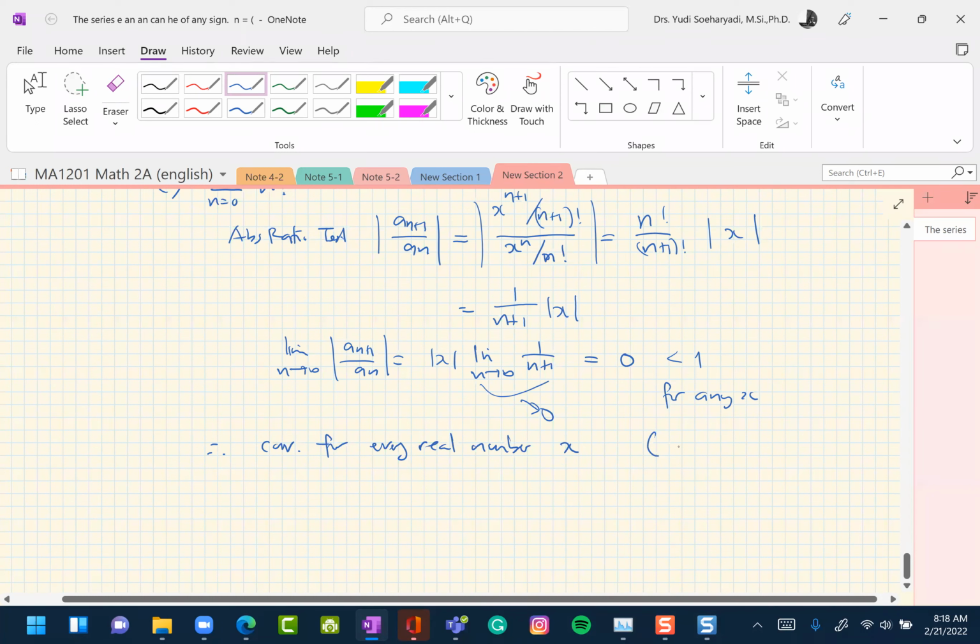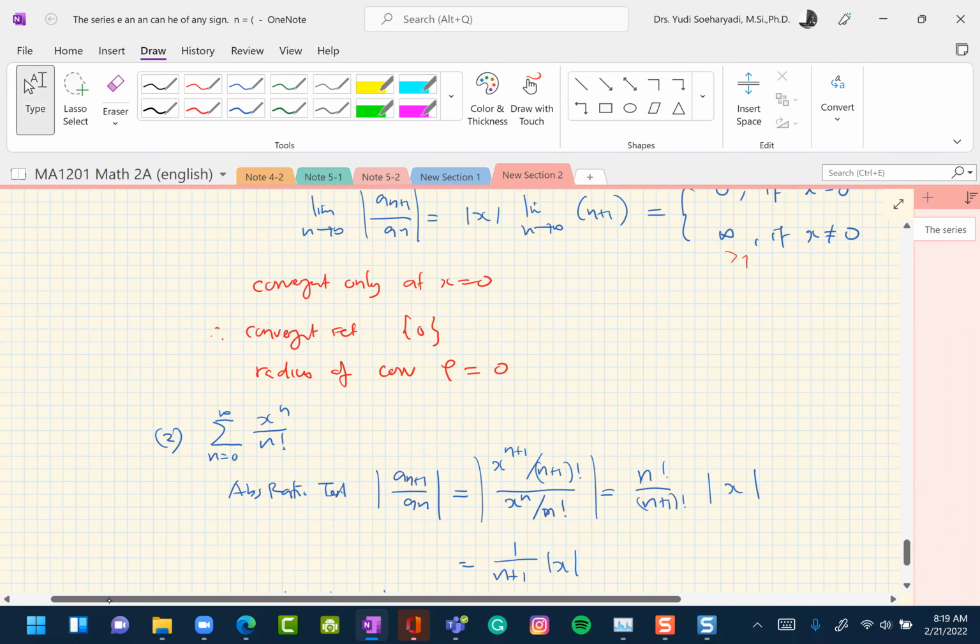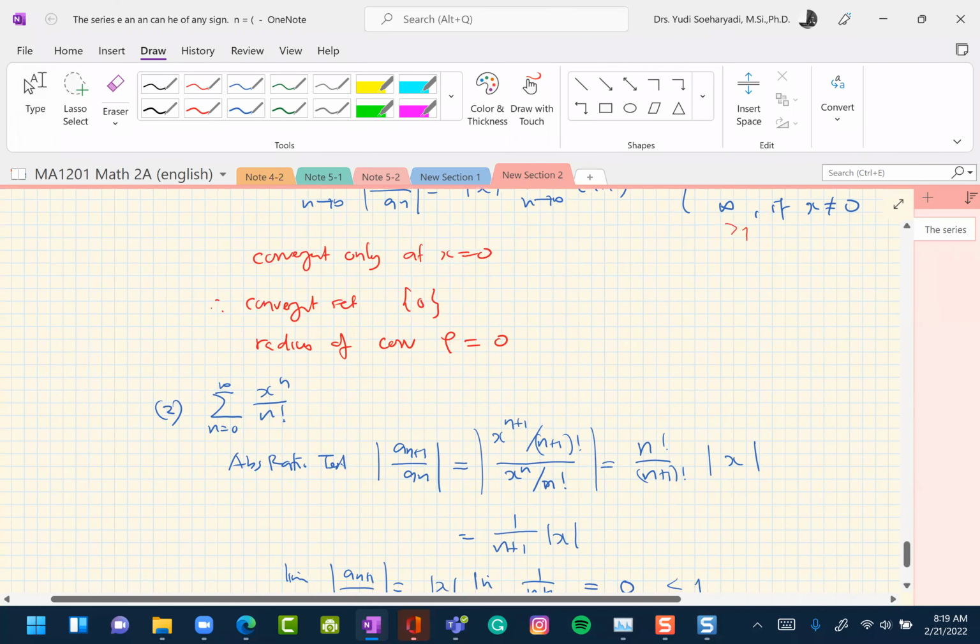That means the convergence set is this, and the radius of convergence is infinity. So these are the two extreme cases.